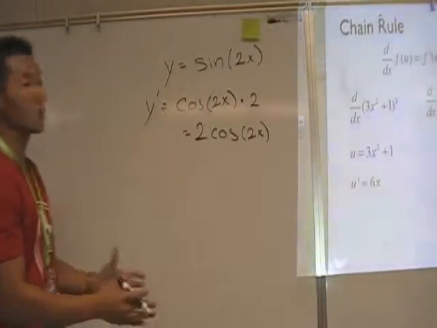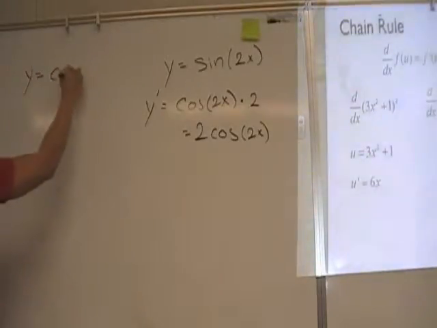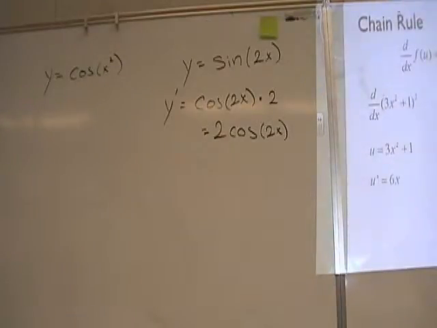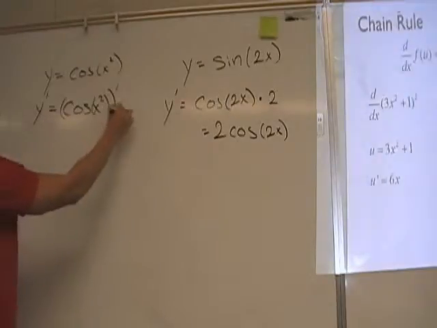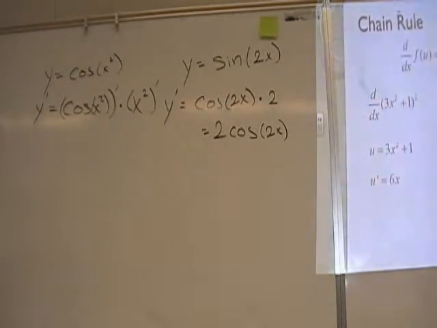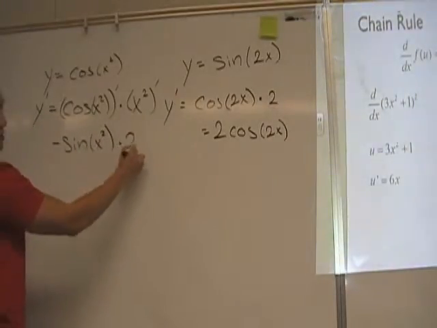So let me do one more. I'll show the in-between step. Okay, so let's say we have that. To take the derivative, it's the derivative of this times the derivative of this. So this becomes negative sine of x squared times the derivative of this, which is 2x.